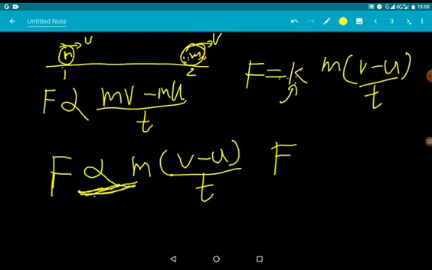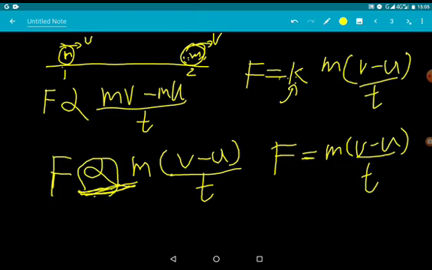So considering we are using SI units, we can write it as F equals m(v minus u) divided by t. Now there is an equal sign, no proportional sign here. If you consider this part, v minus u by t, this is the rate of change of velocity, which can also be called acceleration.